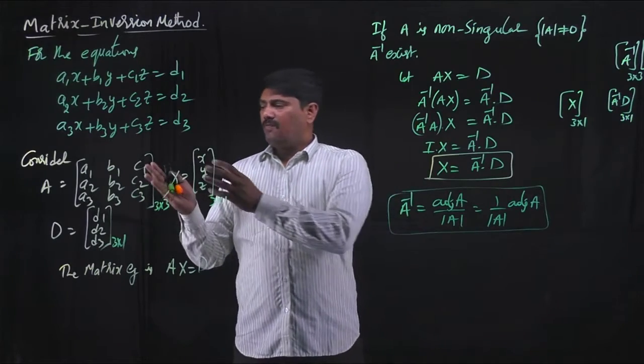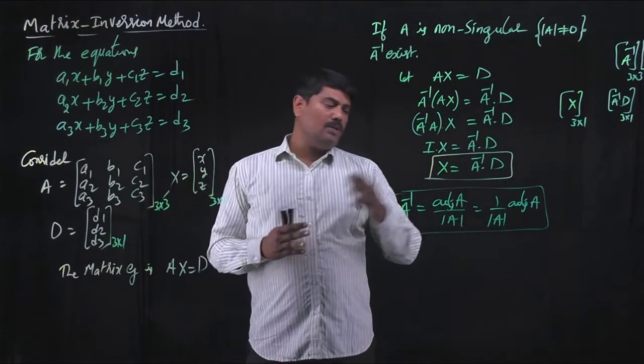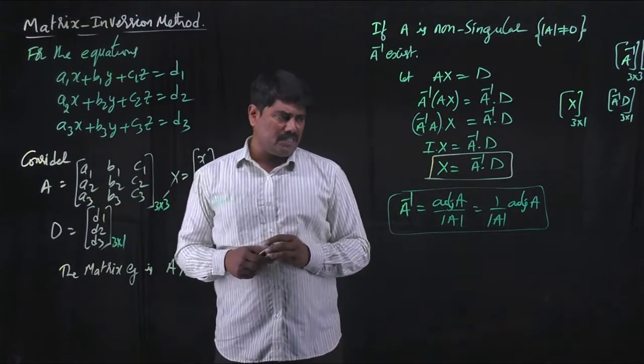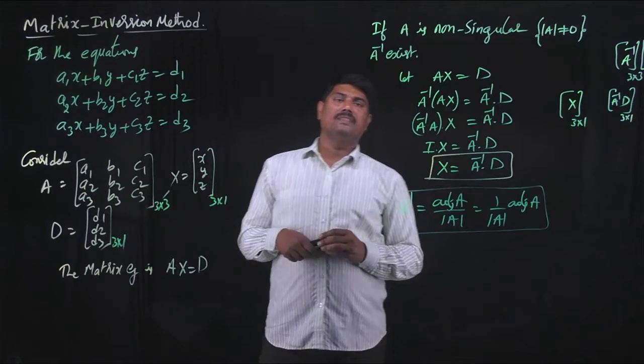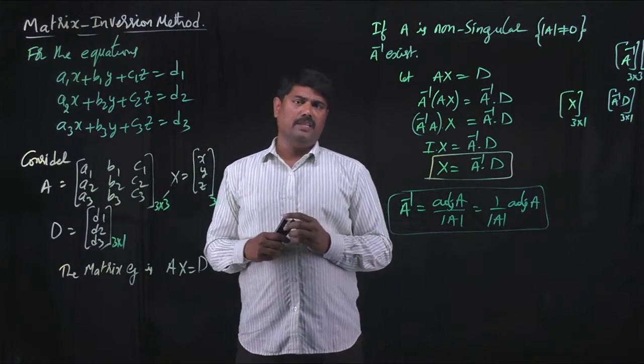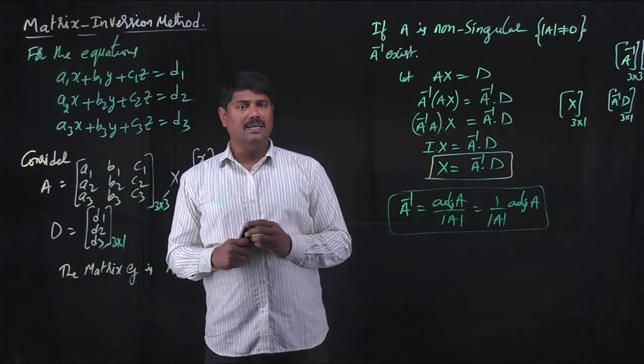For the considered coefficient matrix, you find A inverse and later multiply it with D to get the variable matrix X. There you can find the values of X, Y and Z.